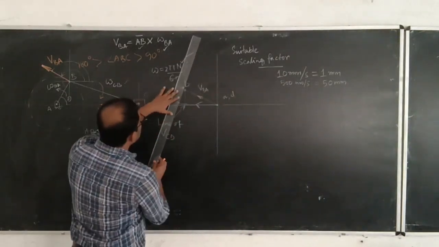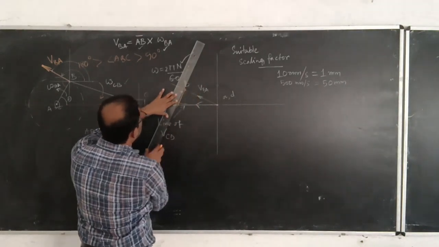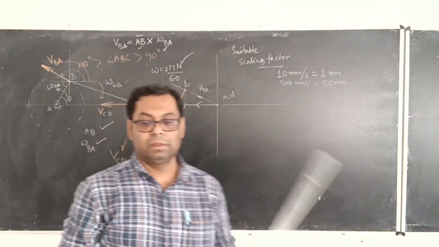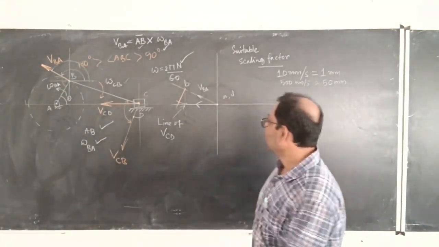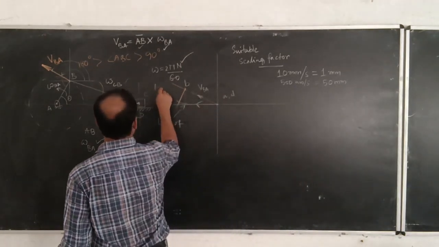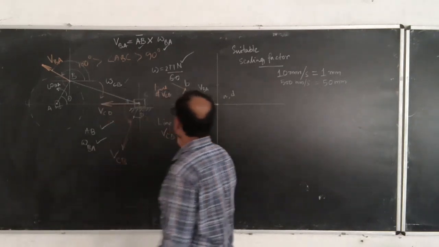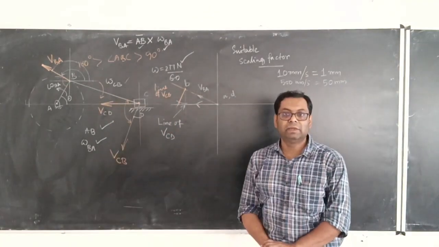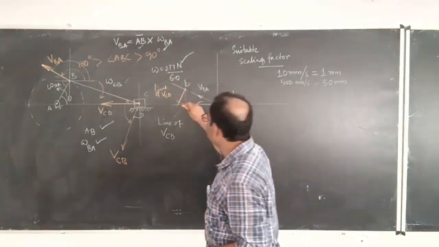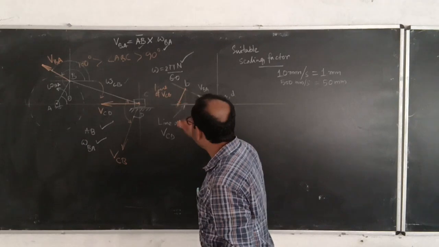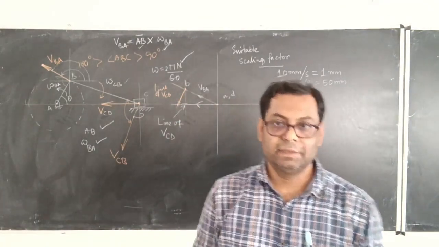So if we join them together from point B, then we will find that this new line, which is the line of velocity of C with reference to B, and the line of velocity of C with reference to D, have a common point of intersection, and that is this particular point on the horizontal axis.